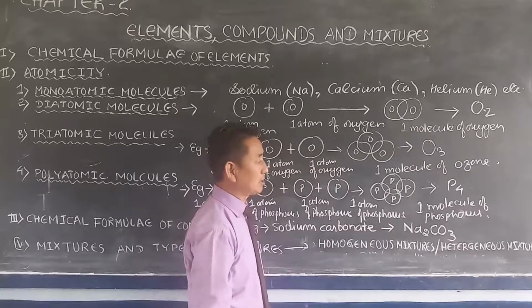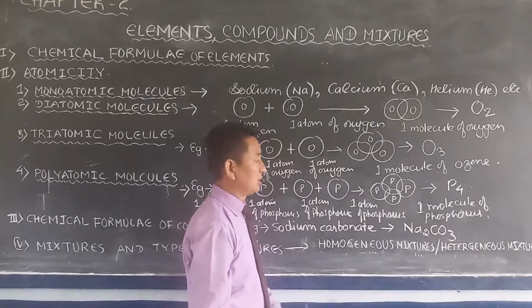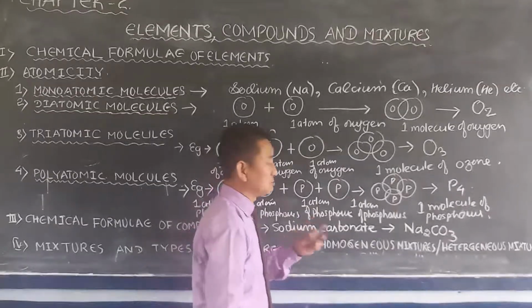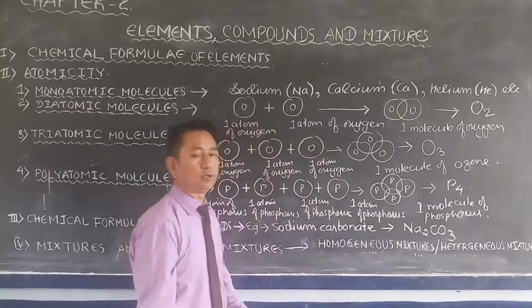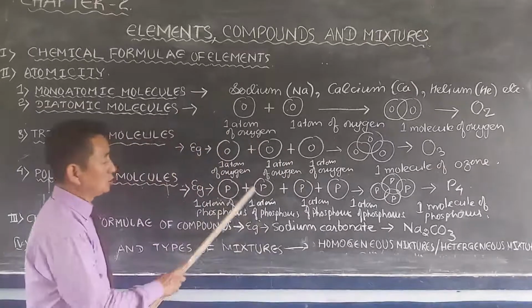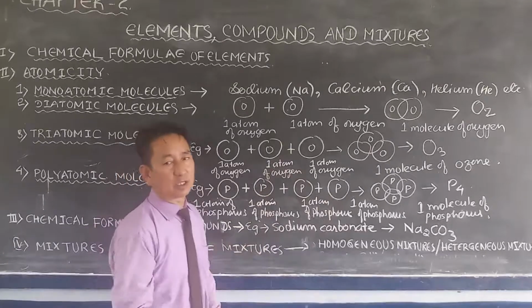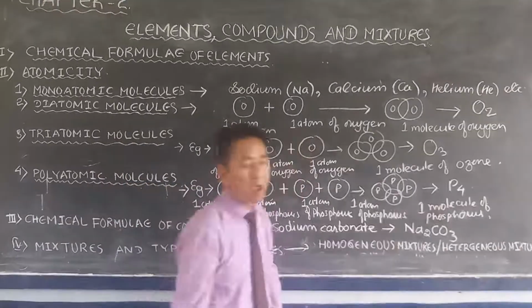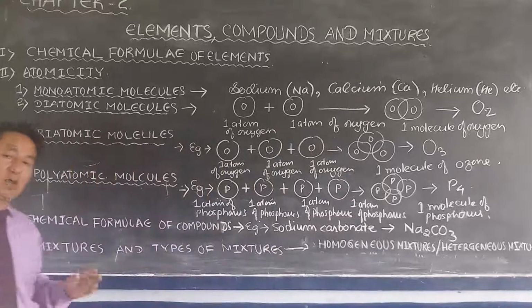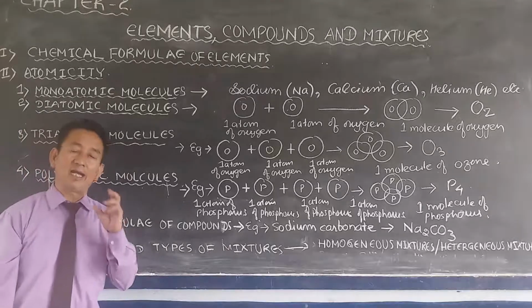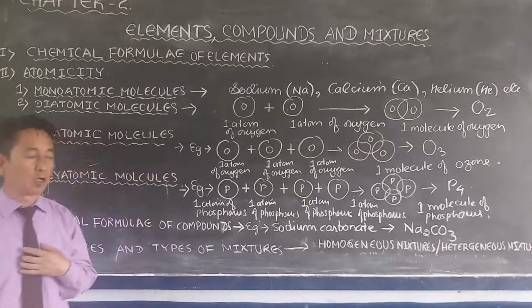It's a tetraatomic molecule, also known as a polyatomic molecule because its molecule is made up of more than 3 atoms. 1, 2, 3, 4 phosphorus atoms combine with each other to give a molecule of phosphorus. Similarly, sulfur is a polyatomic molecule. Its molecule is made up of 8 atoms, an octatomic molecule.